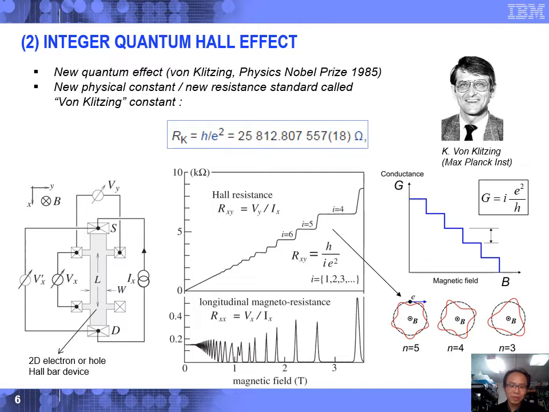So in this experiment, when you measure the Hall resistance as a function of increasing magnetic field, you observe a quantized step, which is associated with the quantization of the cyclotron orbit of that charge carrier. This quantization is very precise. The quantity is Planck constant h over electron charge squared, e squared, equal to 25.8 kilo ohm, which is what we know now as the von Klitzing constant RK.